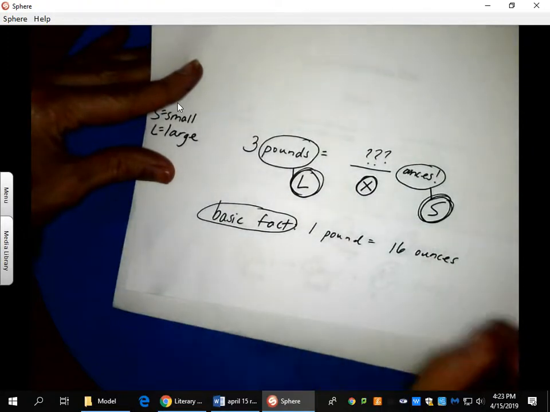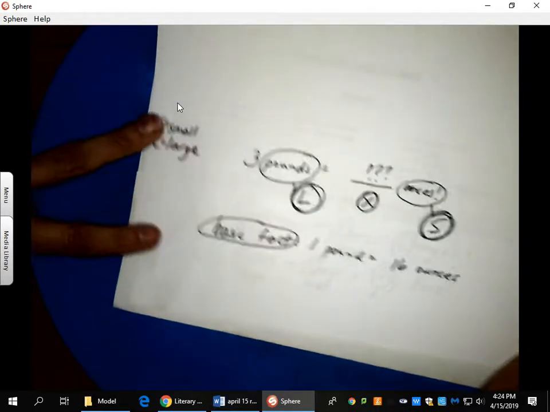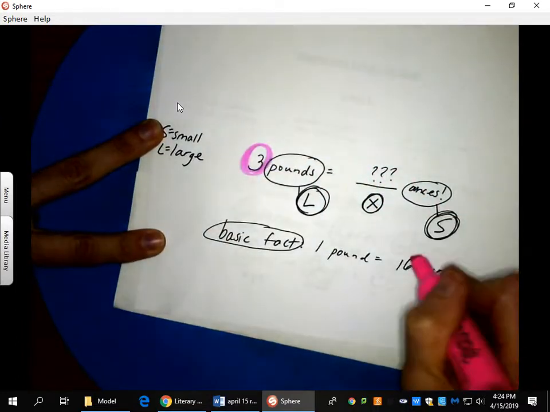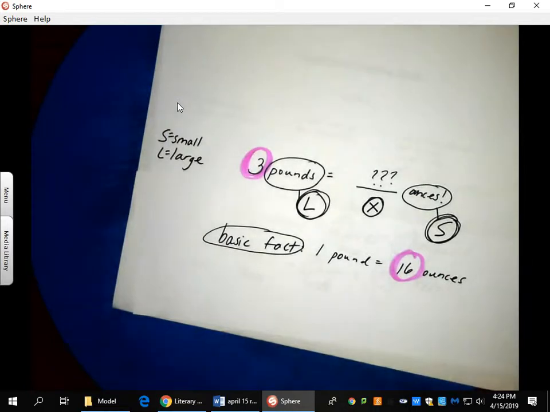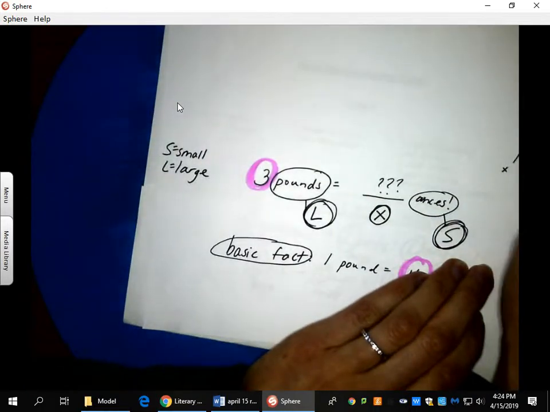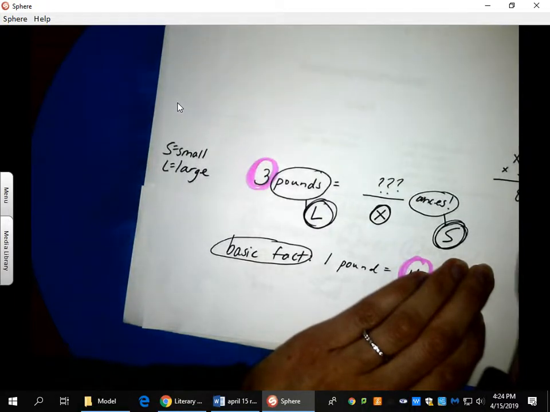So I know I'm multiplying, and now I look, well, what numbers am I multiplying? Look at the only numbers that exist: 3 times 16. Okay, so set it up. 16 times 3. 6 times 3 is 18. 3 times 1 is 3, plus 1 is 4.